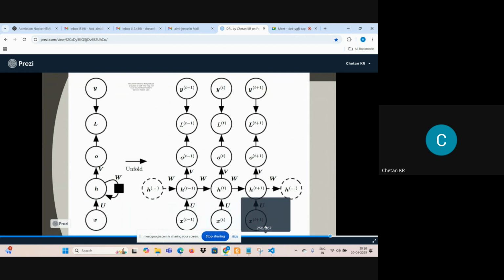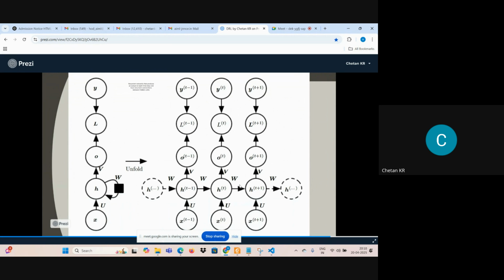The straight connection is a normal connection, but between the hidden units there is a recurrent connection. So there are two points in this kind of unfolding. In case 1, you are producing output at every time instant, and there exists a recurrent connection between the hidden units.